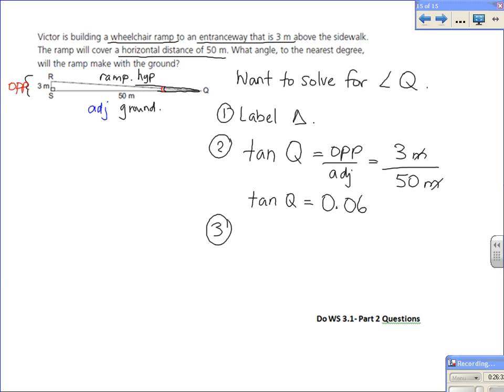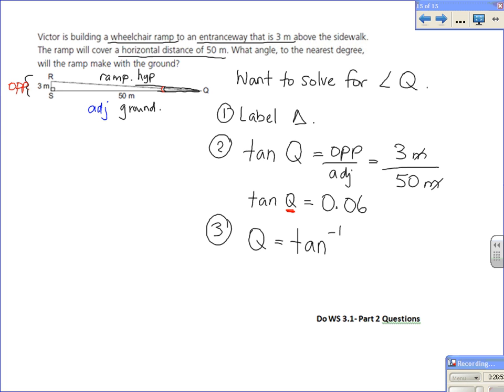I am looking for an angle. I'm not looking for the tan of Q. What I want is the angle Q. Okay, so Q, the angle Q, is going to be equal to the inverse tan of the ratio, or the inverse tan of 0.06.